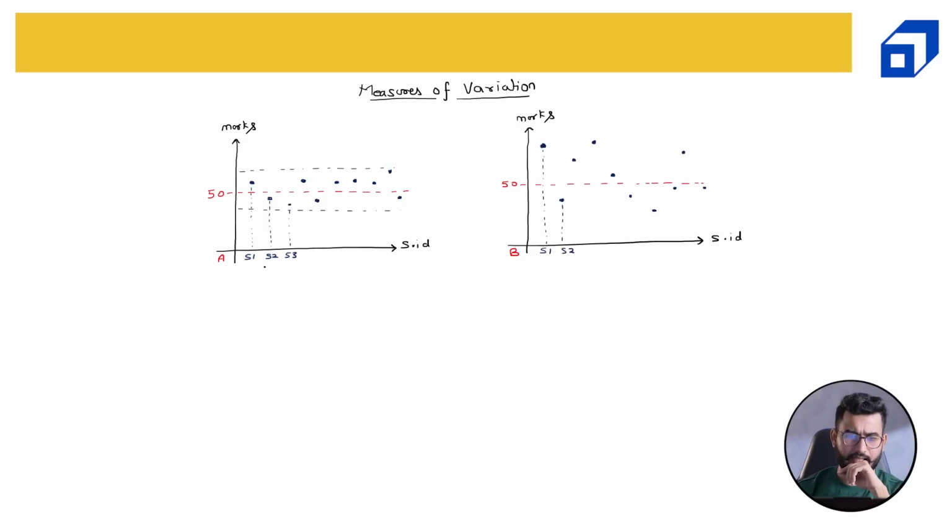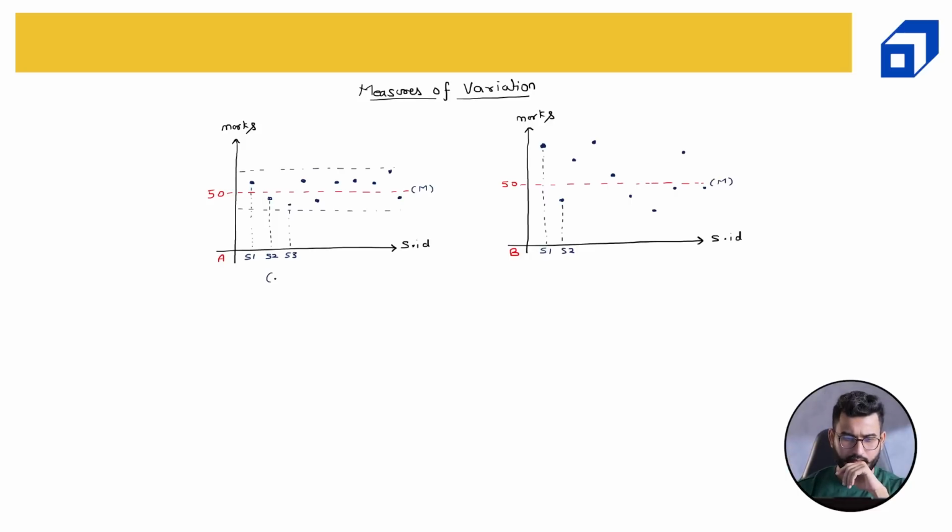Now, can I say that for subject A, the variation around the mean, the red dotted line is my mean or the average line. So M represents the mean. For subject A, the variation of the marks around the mean is low. For subject B, the variation of marks around the average line is high.